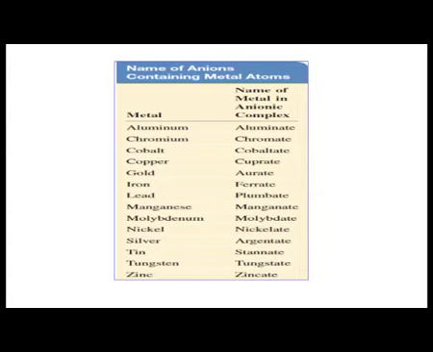Similarly, all other metal ions change to the name of the corresponding parent metal center for anions. So if it is aluminum, it will be aluminate. Likewise, if it is iron, it would be ferrate. If it is nickel, it is nickelate, and if it is zinc, it would be zincate.